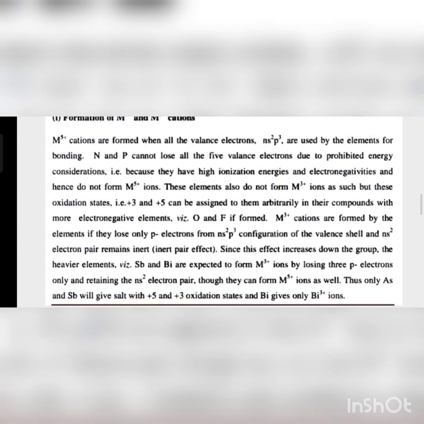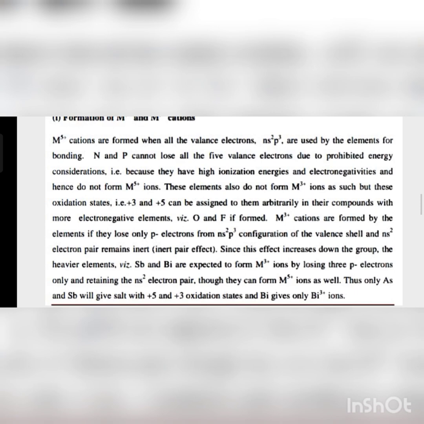M3+ cations are formed by the elements if they lose only the p electrons from the ns2 np3 configuration of the valence shell and the ns2 electron pair remains inert.